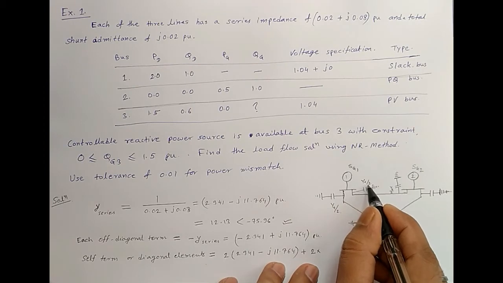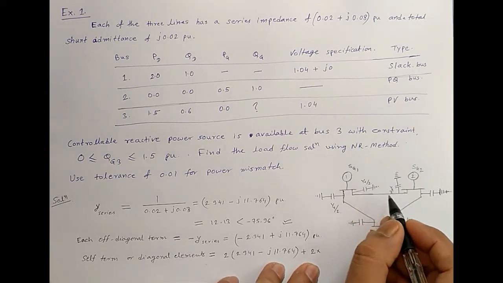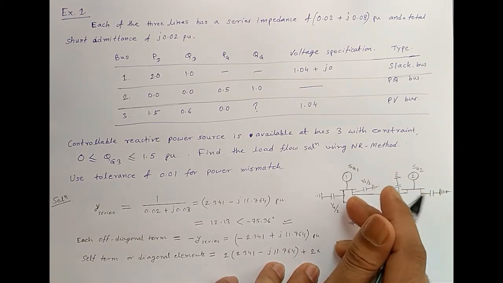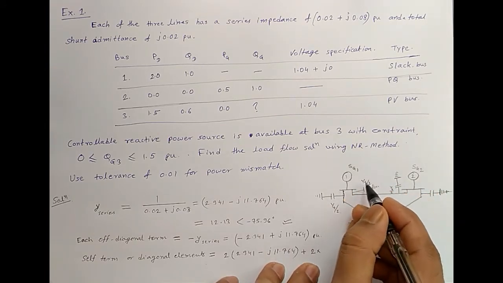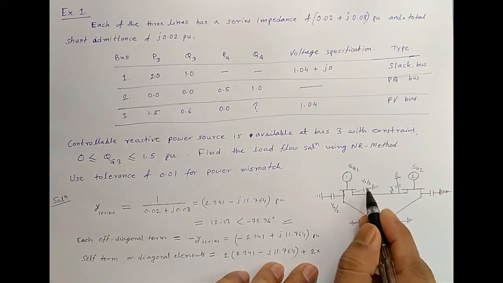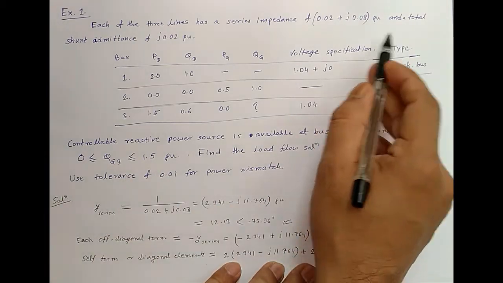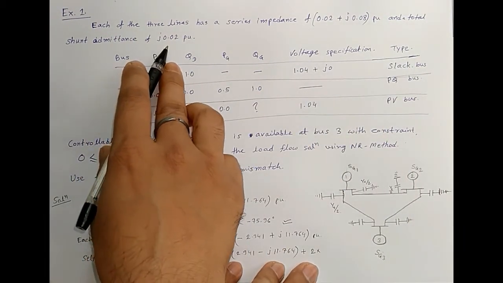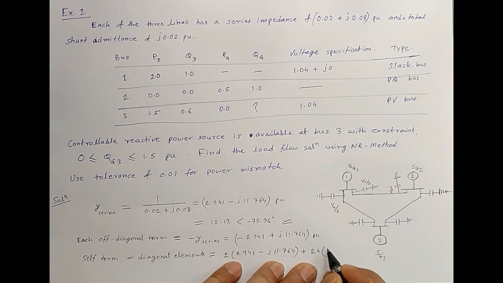Since this is yt by 2, because in the pi network model the shunt admittance is divided into two parts, and yt is the total shunt admittance j0.02, this will be j0.02 divided by 2.